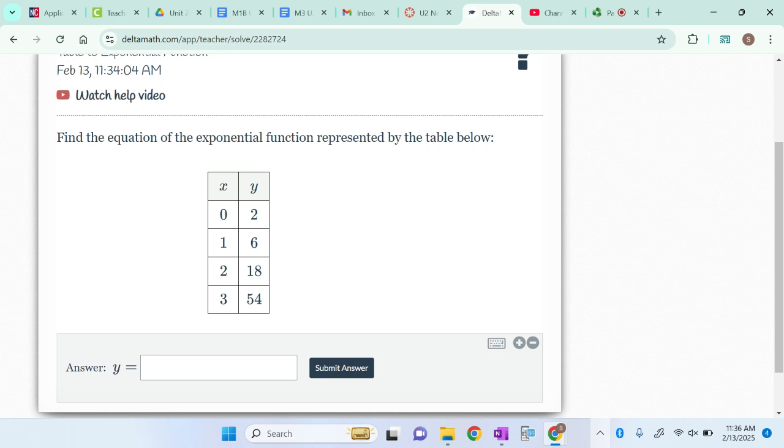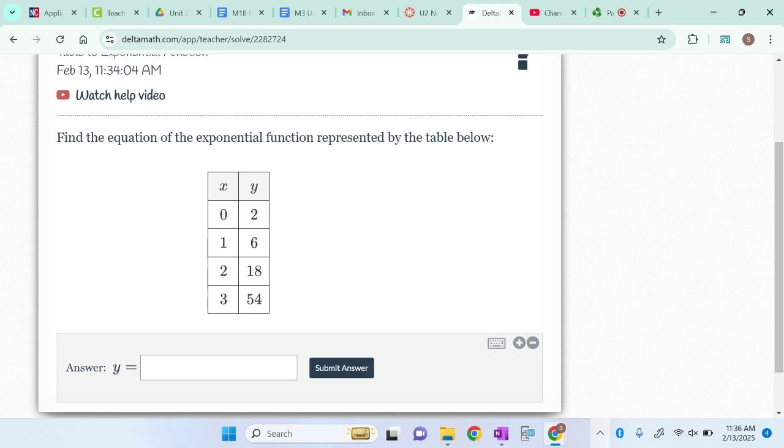All right? Your b value is your what? It's the base, and the other name for it is the common ratio. Essentially, it's the number that you're multiplying to get from one y value to the next.